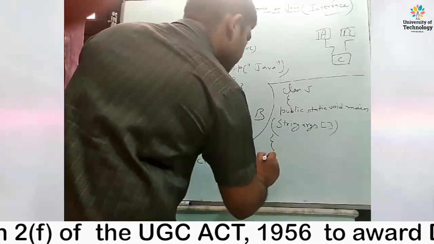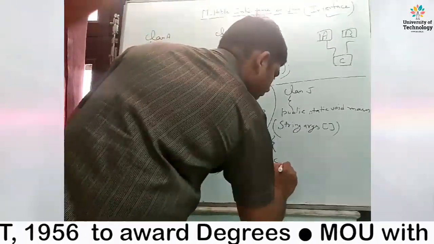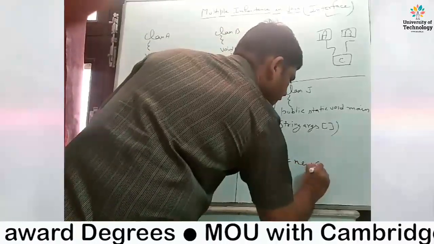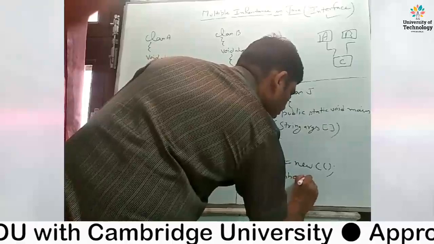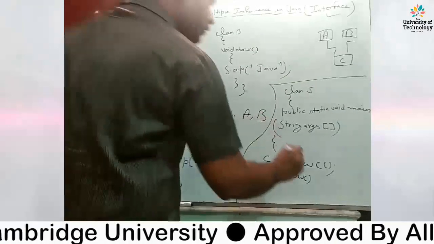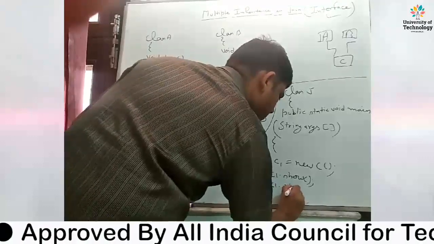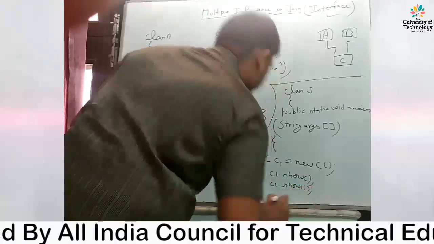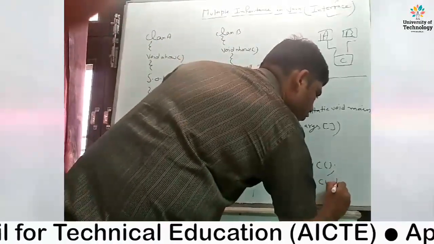Now we have to create an object of class C. C1 equal to new C. C1 dot show, C1 dot show1, and C1 dot show2.